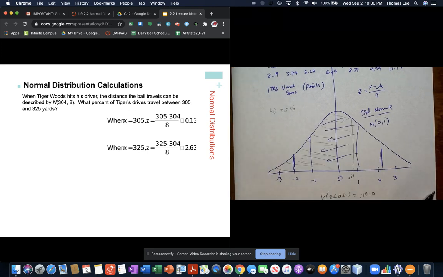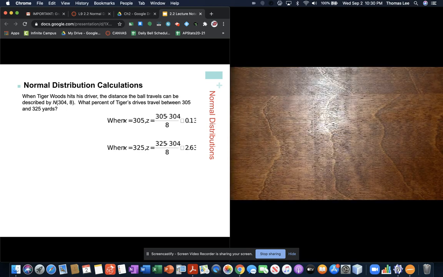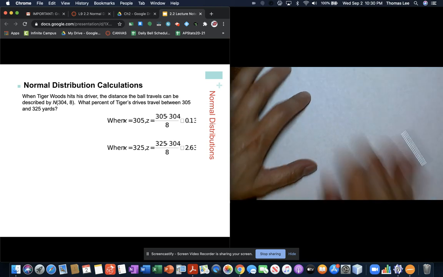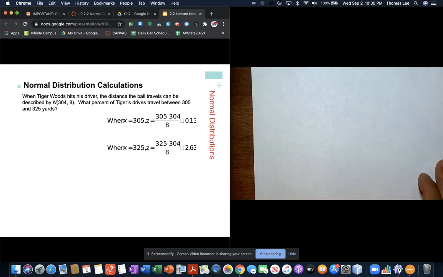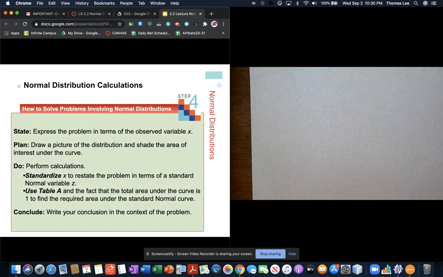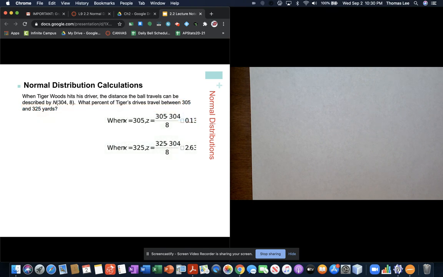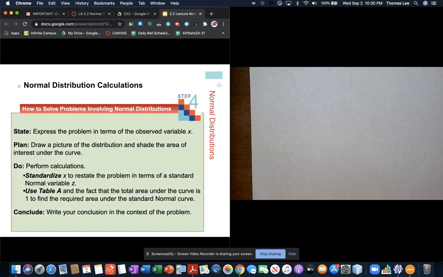Okay, cool. So now we need some paper. So here's some paper. State, plan, do, conclude. State: express the problem in terms of the observed variable x. We want to know what percent of Tiger's drives travel between 305 and 325 yards. That's our state.